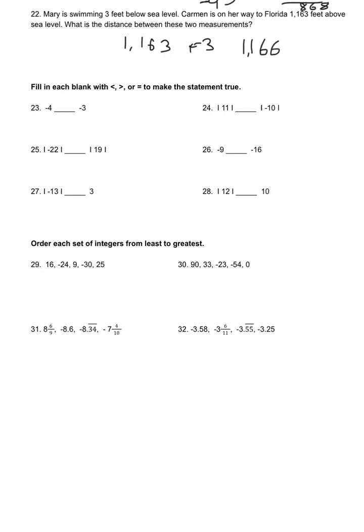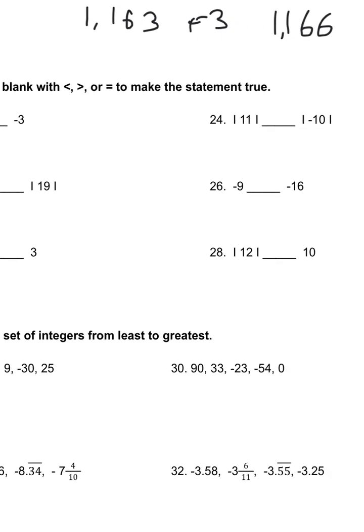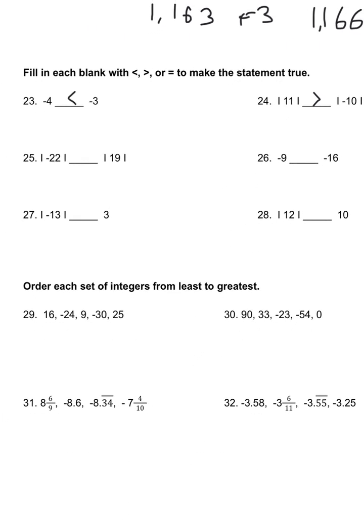Looking at greater than, less than, or equal to, number 23, -3 is bigger than -4. The absolute value of 11 and the absolute value of -10. So 11 is going to be greater than 10.